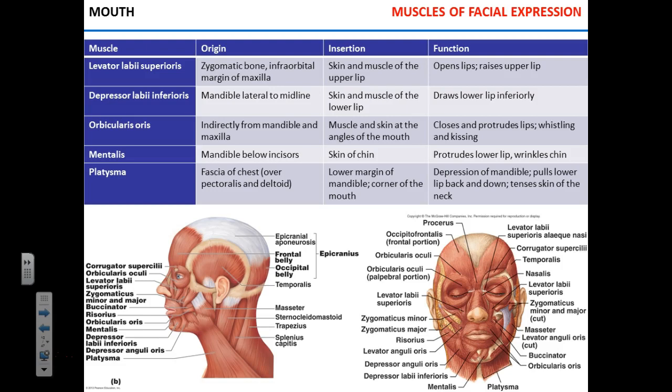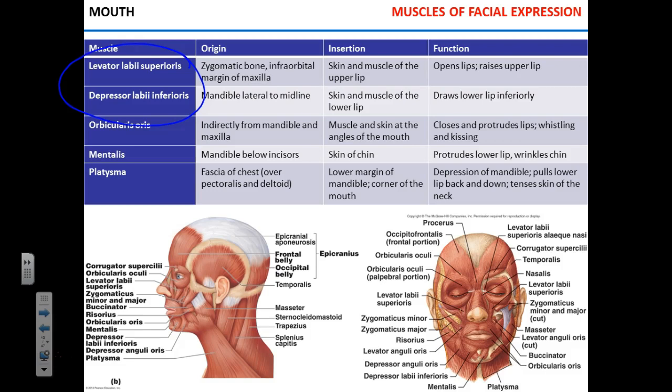Now, if you don't mind, we're going to finish with the muscles of facial expression, and I will let you go. Now, these two muscles, levator labii superioris and depressor labii inferioris. Levator, going up. Depressor, going down. Labii, lips. Superioris, upper lip.